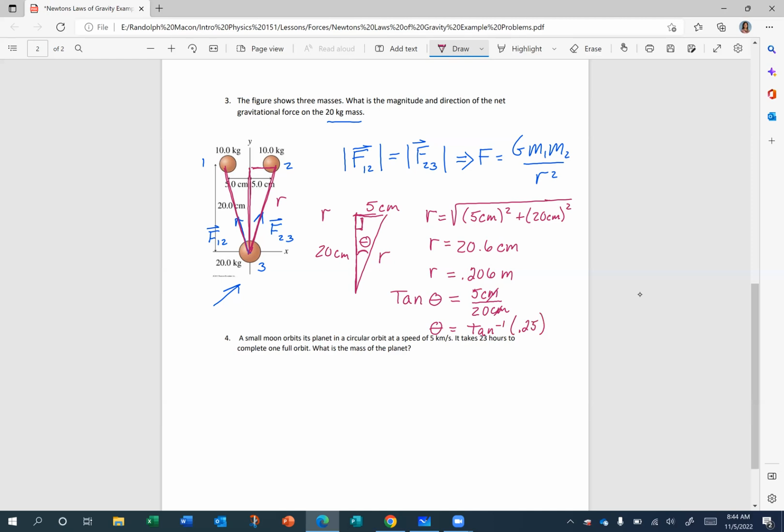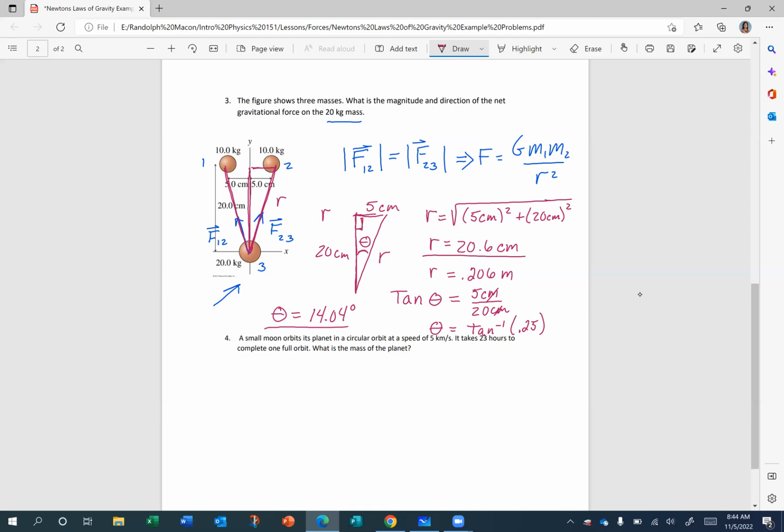And we will find that theta, the angle theta between there, is equal to 14.04 degrees. Okay. So now these are going to be important values that we're going to want to use to find our vectors. So that's just some of the geometry. That's just some of the thought as I read the problem, some information that I'm going to need to know.